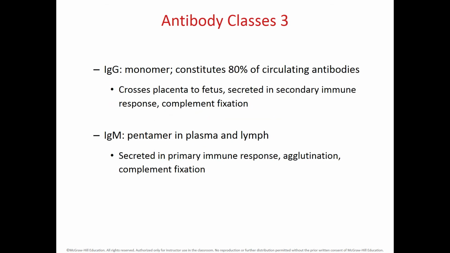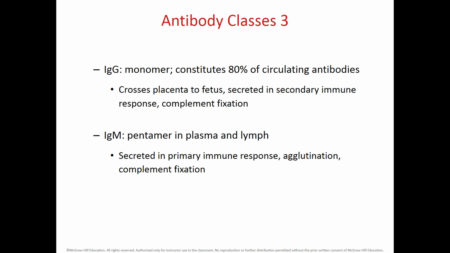IgG is also a monomer, so you have only one unit, and it makes 80% of our circulating antibodies in the adult. It will cross the placenta to the fetus, will be secreted as a memory type of antibody, and also will help in the fixation of the complement system.